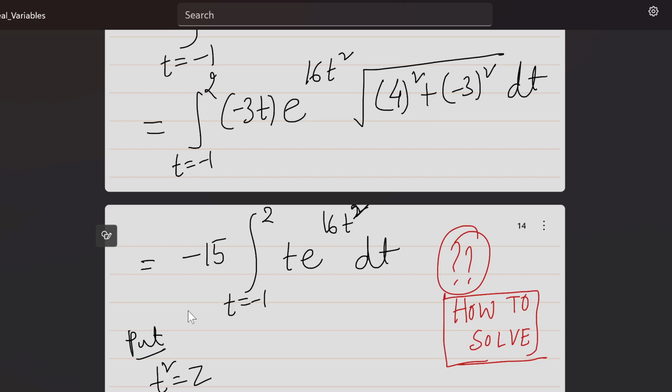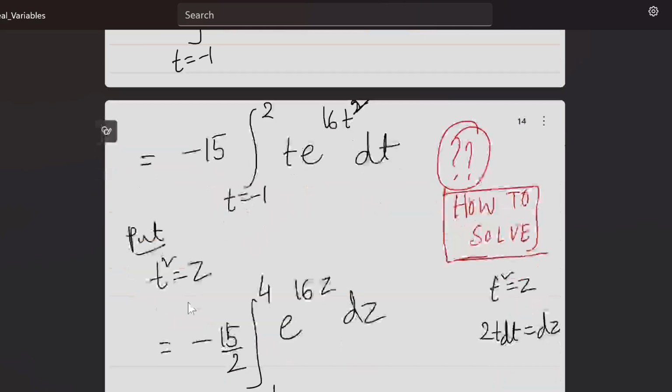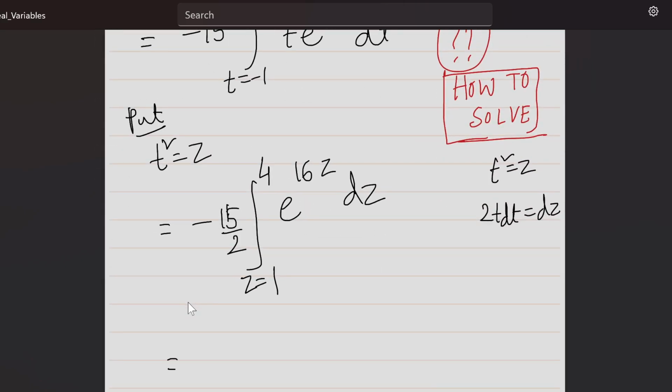Just be careful. Since I put t square equal to z, 2t dt equals dz. So t into dt is dz by 2, so the 2 will come outside, and we get e power 16z dz. This is an easy integral. The integral of e power ax is e power ax by a. So e power 16z by 16, with z varying from 1 to 4. Just putting in the values, you will get 15 by 32 into e power 64 minus e power 16.